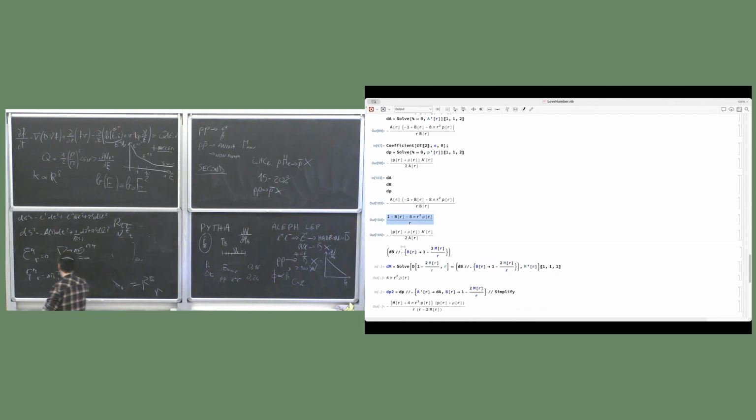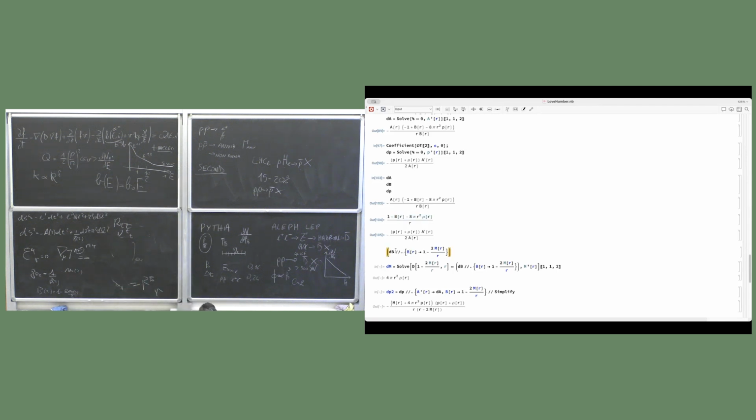We said yesterday that we were introducing a function M of r, such that B of r can be written as 1 minus 2M over r. This gives a particularly simple form for the field equation and for the ODE for B, which is very similar to the Newtonian case.